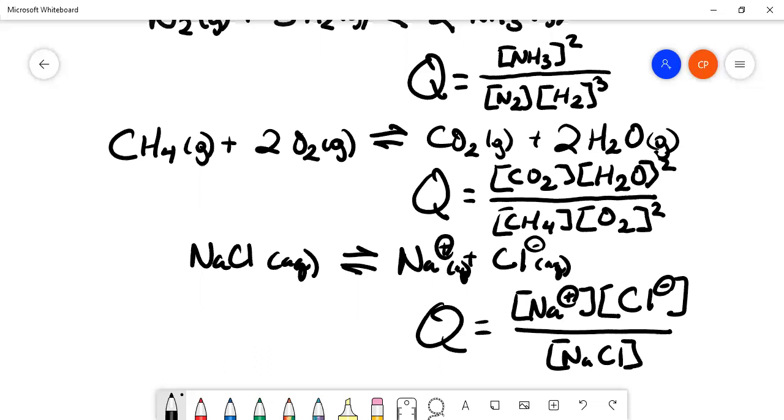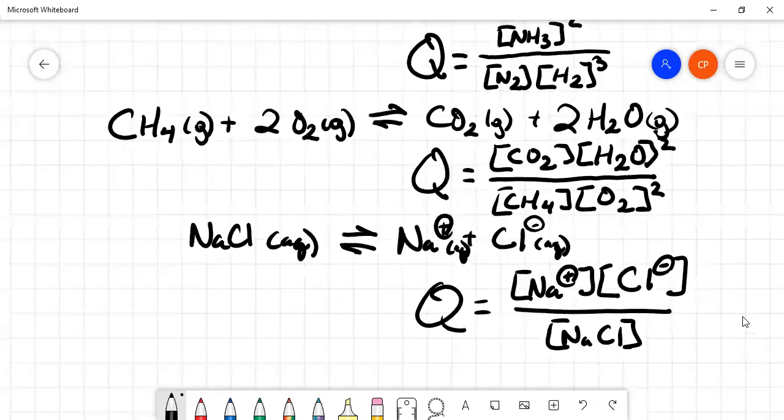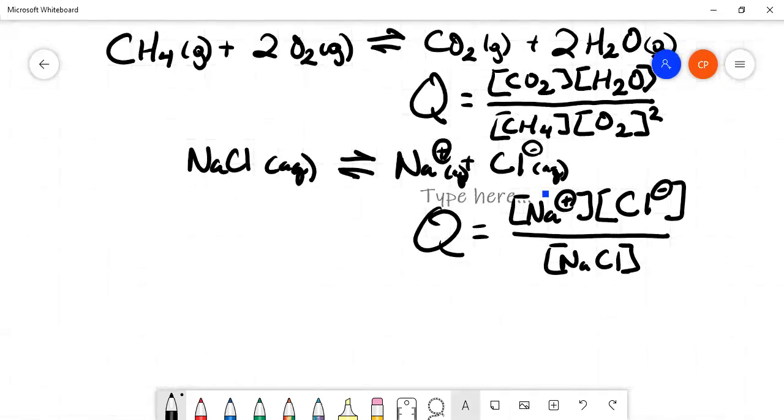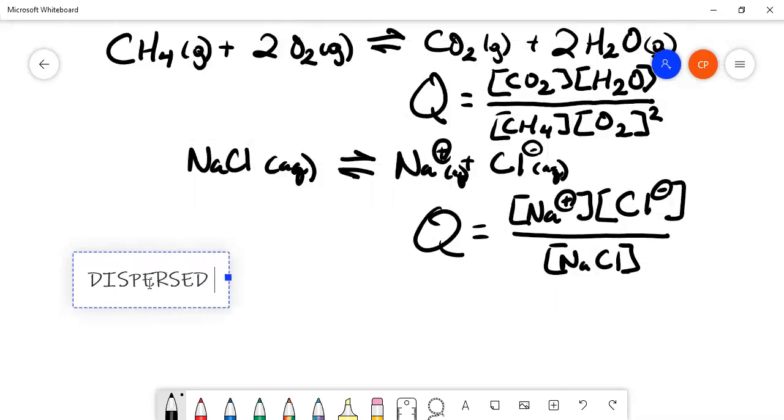Things I can write down concentrations for easily are the things we tend to represent in these reaction quotient expressions. Gas phase and aqueous phase are the things we tend to write down. Well, what do gas phase and aqueous phase have in common? They're what we describe in chemistry as dispersed phases.